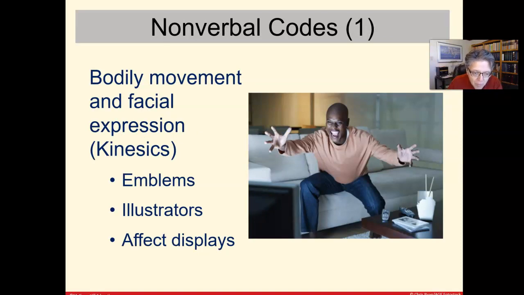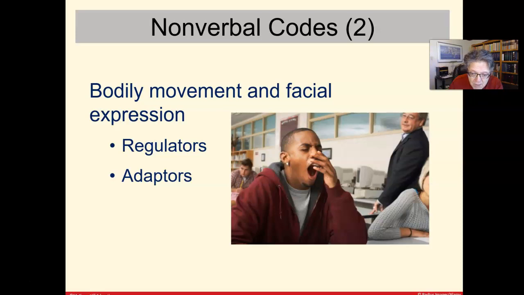We talk about nonverbal codes, we talk about bodily movement, oftentimes referred to as kinesics, and facial expressions. He talked about gestures as emblems. He talked about illustrator gestures. He talked about gestures which we use to display affection for someone else.